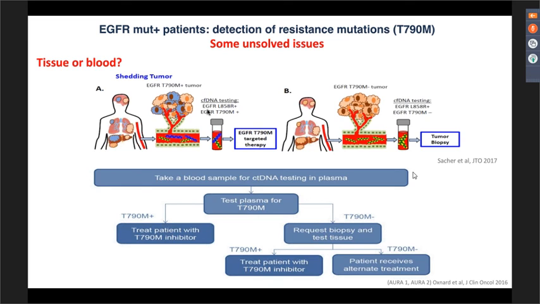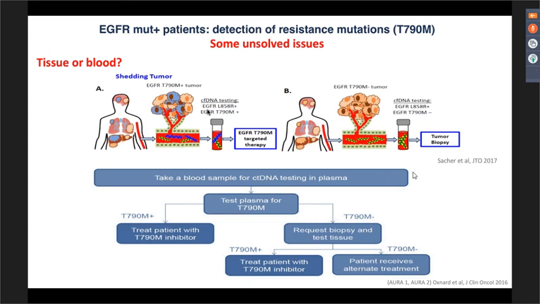Then Oxnard, in his paper published in 2016, derived from the data from the AURA-1 and AURA-2 clinical trials, proposed that resistance mutations can be analyzed in plasma. And if you find the T790M mutation, if it is positive, you can treat your patient, and the patients will behave exactly the same as if you analyzed this mutation in the tissue.